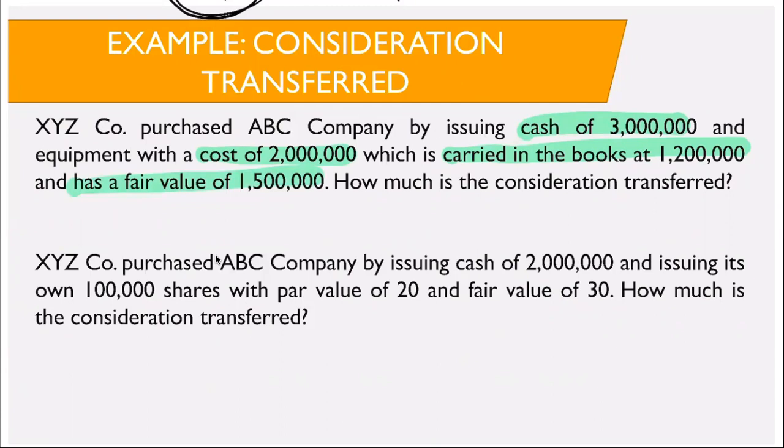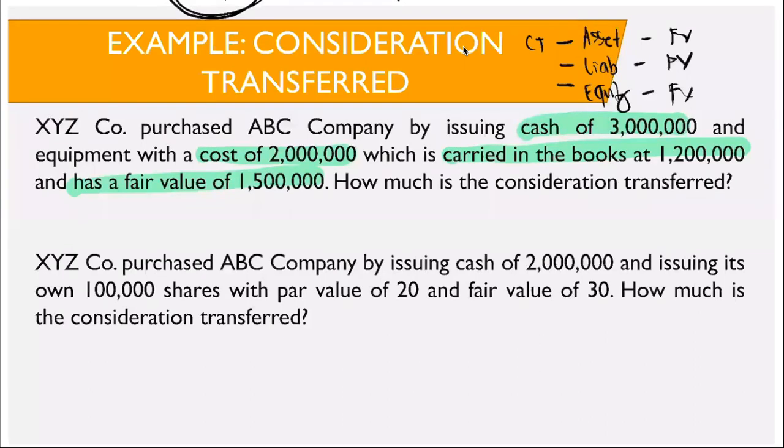To answer this particular problem, we need to go back to what we have learned a while back. So for the consideration transferred, we have the following items that can be issued. That can either be an asset, it should be measured at fair value. That can either be a liability, measured at the present value of the obligation, and that can either be the equity, which is also known as your fair value of your equity.